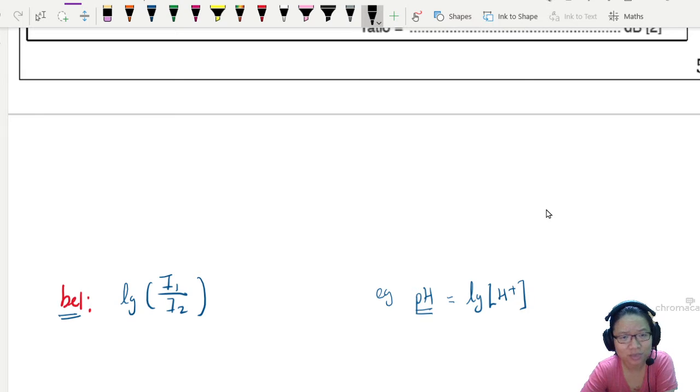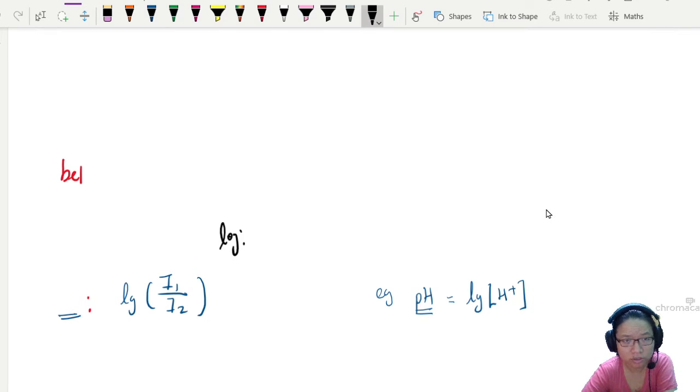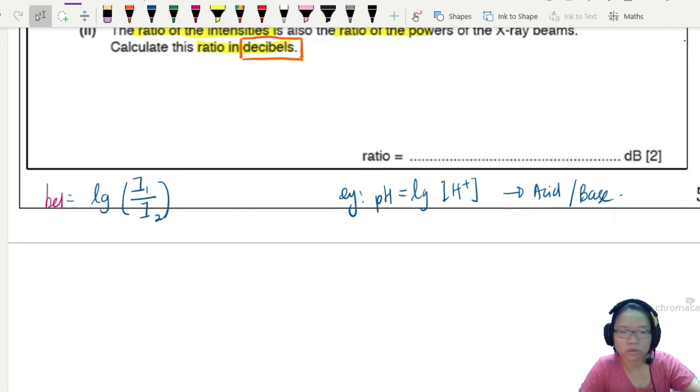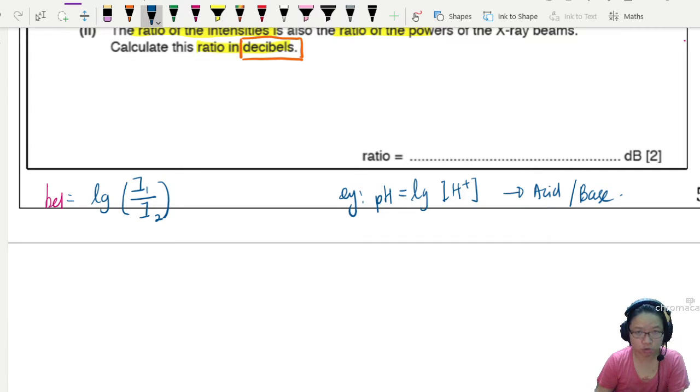Okay, so the reason why there are logs, okay, is because, number one, we are going, okay, I'm not sure what technical error happened just now, the whole page jumped, but we're back. So Bell, as mentioned just now, is a log-based ratio.